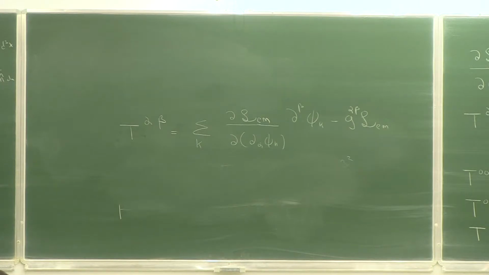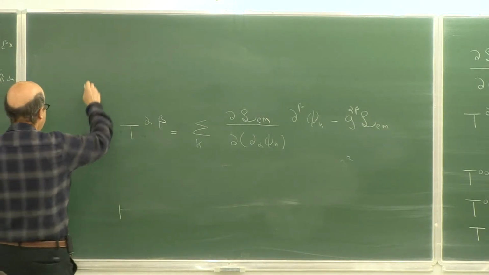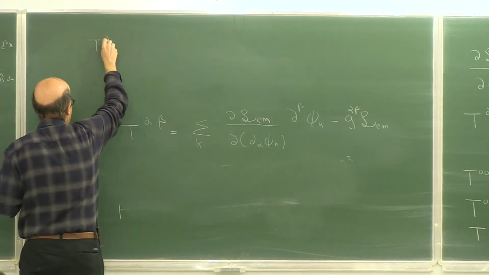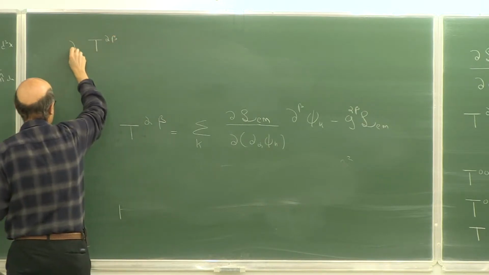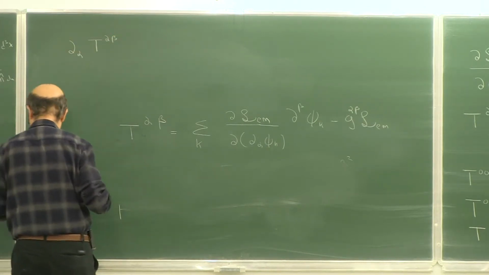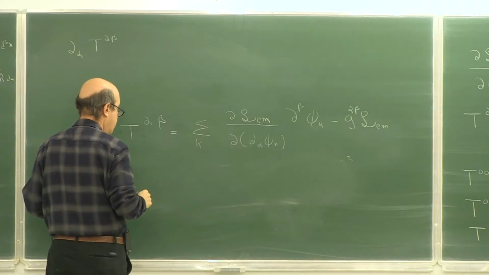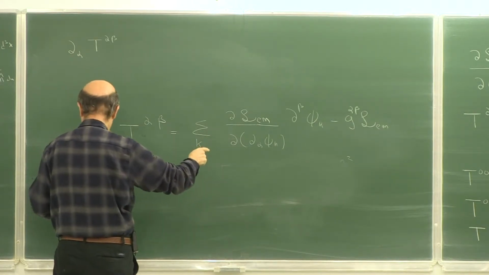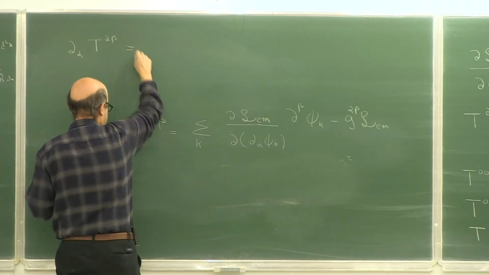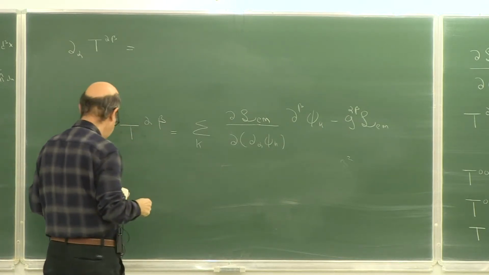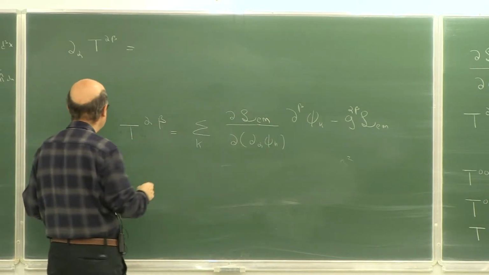So basically, T alpha beta, take the divergence with respect to alpha and use the full definition. So this is the canonical stress tensor. Let us look at the divergence of this.